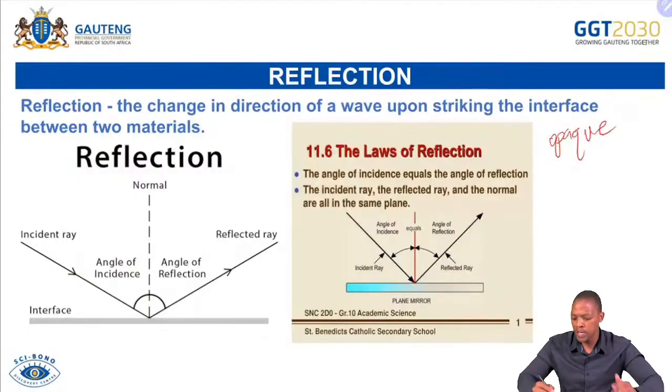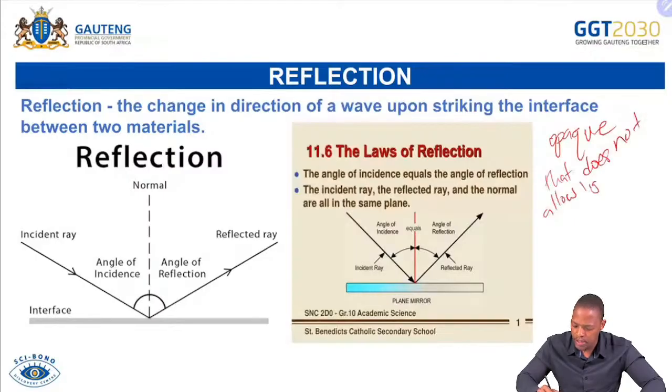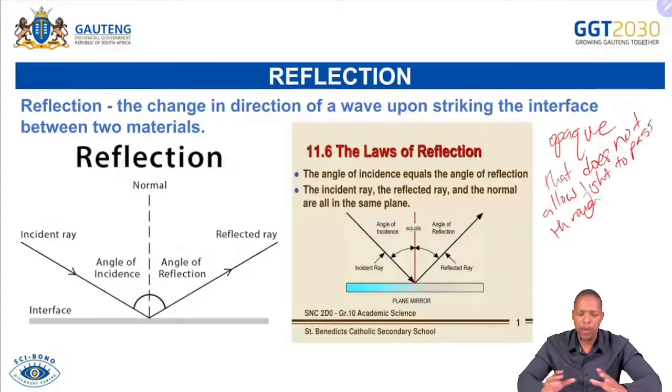If you remember, an object that is opaque does not allow light to pass through it. Right? So if you have a material that is opaque, that does not allow light to pass through it, this material will then reflect light back to us, or back to the observer. Let's put it like that.